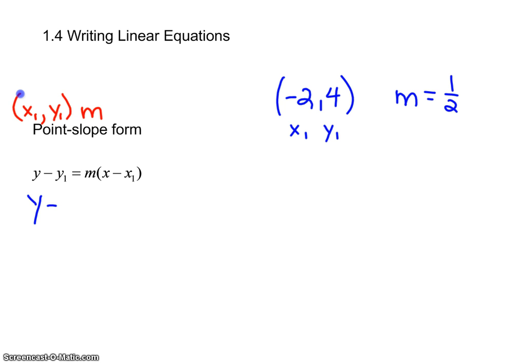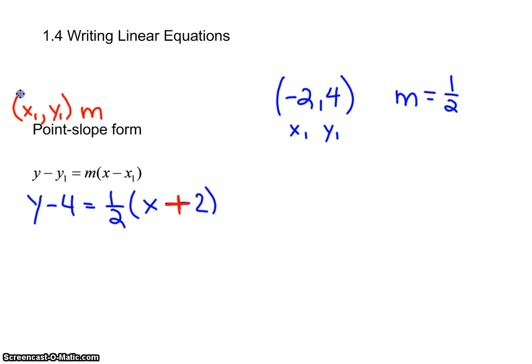Y minus my y sub 1, or my y value, which is 4, equals my slope, 1/2. And then we have a quantity, x minus my x1, or the x in my coordinates, so minus negative 2, which of course becomes plus 2.